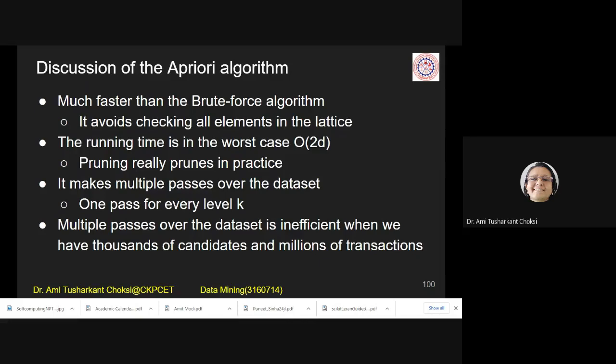The a priori algorithm is faster than the brute force algorithm, which considers everything, as it avoids checking all elements in the lattice. But multiple passes over the data set is inefficient when we have thousands of candidates and millions of transactions. So what do we do?